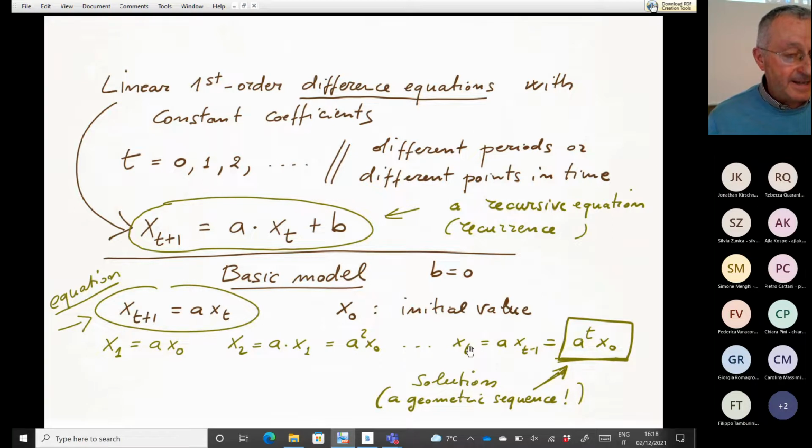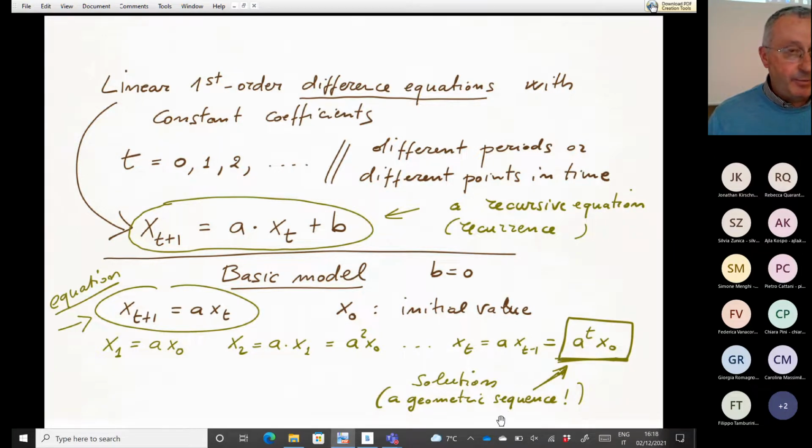What is x at time t? It is a to the power of t times x0. So there is a geometric sequence. It has first term x0 and common ratio a, basically. The solution is a geometric sequence with first term x0, common ratio a.